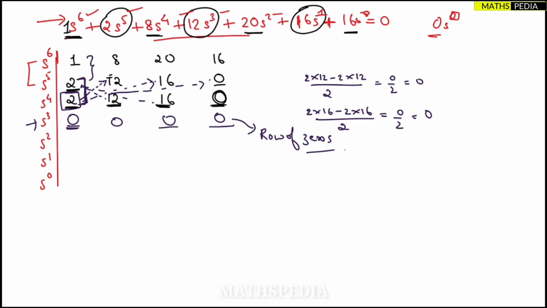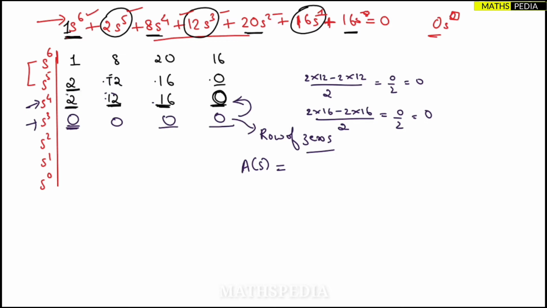How to do that? You have to form the auxiliary equation A of s. How to form that equation? Just above that row of 0, we have one more row, correct? Not below, above, just above, that is the s power 4 row. From that you have to write the auxiliary equation. Let us see how.